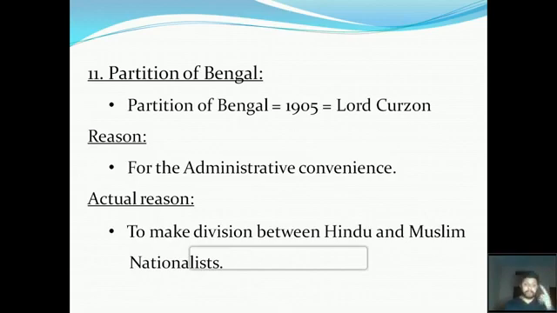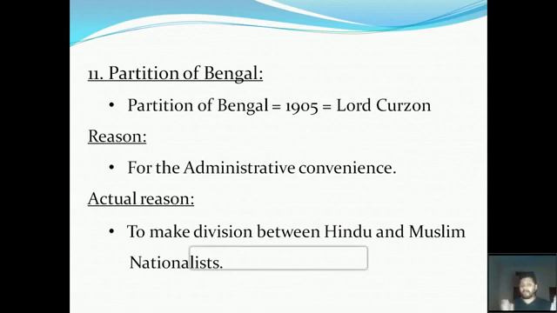The intellectuals who worked behind this partition had a very different ideology. They had a hidden idea, which was to create division between Hindu and Muslim nationalists. Bengal, and Calcutta in particular, was the center of nationalism. By dividing this province into two, they could divide the people into two different groups, Hindus and Muslims.